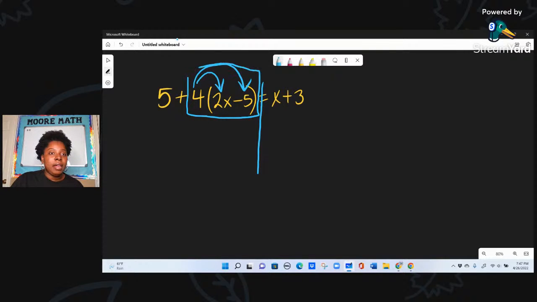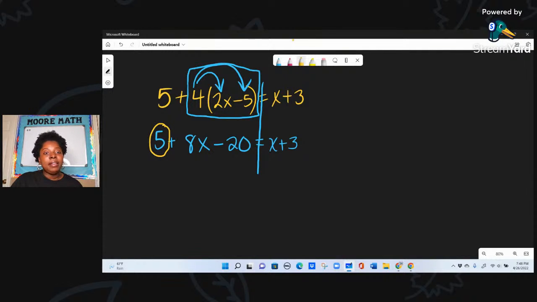4 times everything in the parentheses. So I'm going to bring this 5 down just so I don't forget about it. 4 times 2x is 8x. 4 times negative 5 is negative 20. Okay, so far so good. Now, again, combine your like terms.